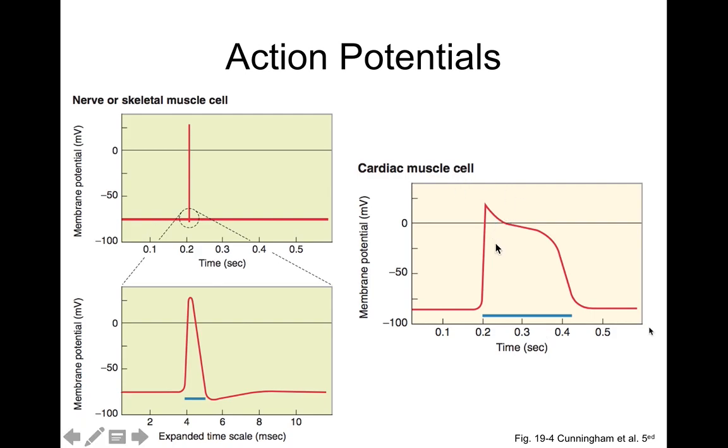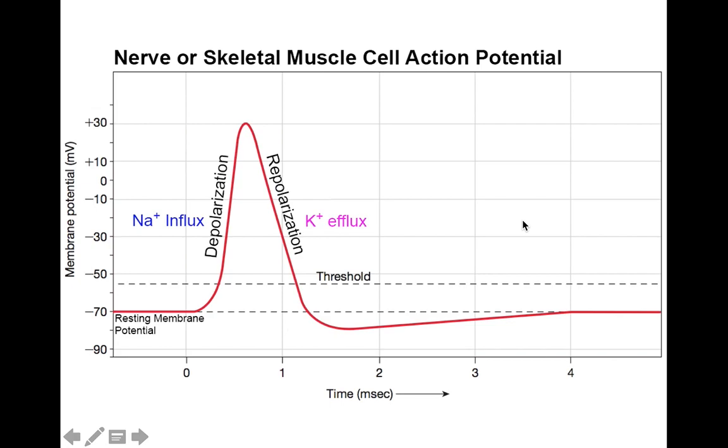So what causes this? Well, first of all, hopefully we're all fairly aware that in nerve or skeletal muscle cell action potentials, the depolarization phase is due to opening of sodium channels and sodium influx through the cell membrane into the cell, whereas the repolarization phase is caused by opening of potassium channels and potassium moving out of the cell, repolarizing.